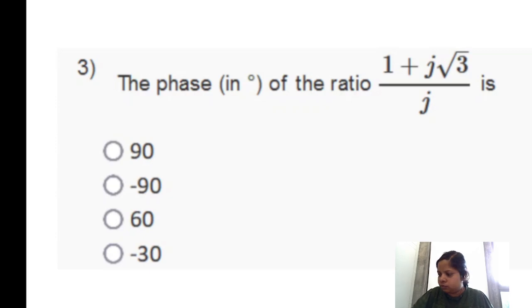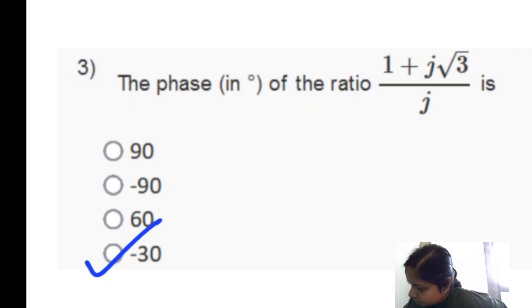Minus 30 degrees, madam. Yes, minus 30 degree is the correct answer. So what you are doing is basically you have j in the denominator. So you are supposed to not have any complex term in the denominator. So when you multiply numerator and denominator both by j, you'll get j plus, and it would be minus root 3 because j square is minus 1, and here also you would get minus 1.